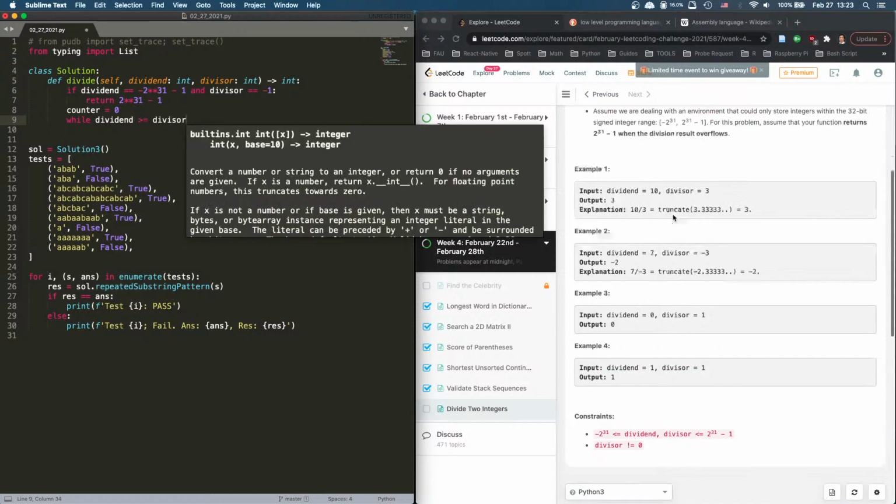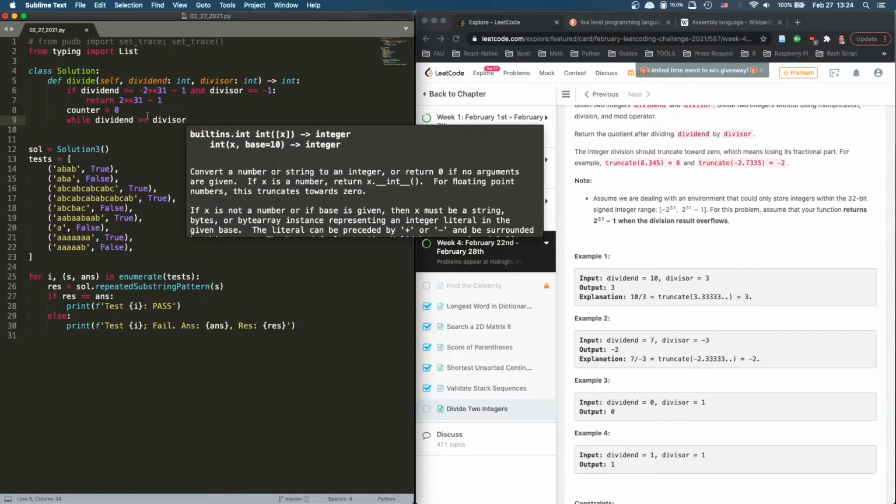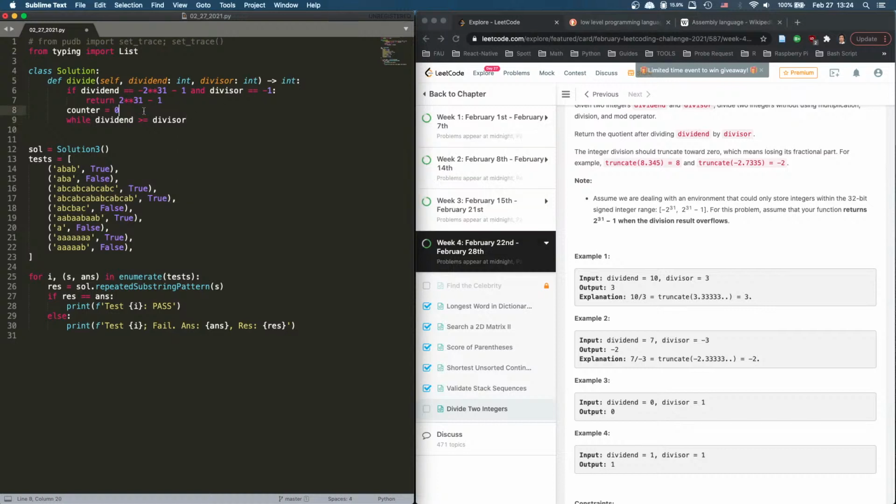Oh, we cannot use multiply. So larger or equal to something, right? To what?